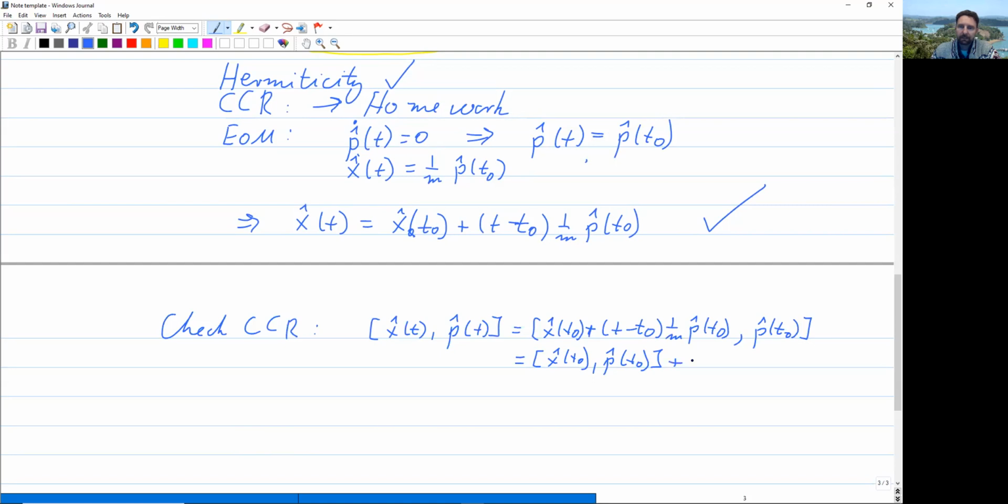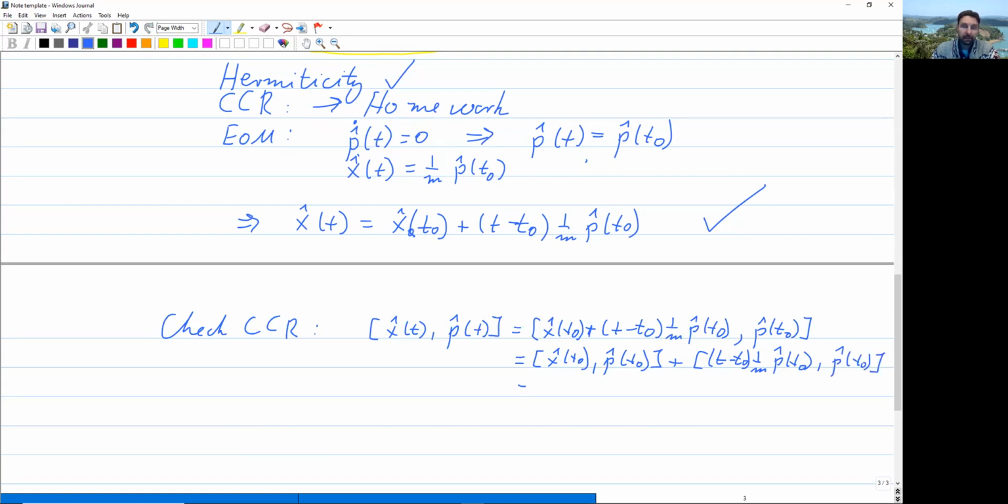And then plus the commutator of x hat of t naught, it's the other term, it is this term, (t minus t naught) 1 over m p hat of t naught, commutator with p hat of t naught.